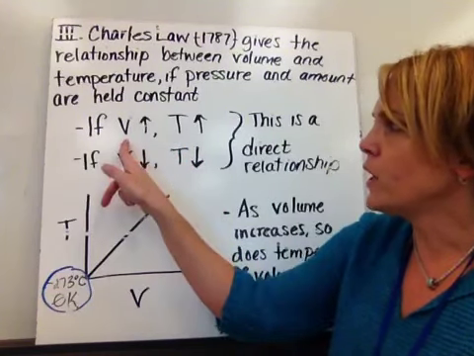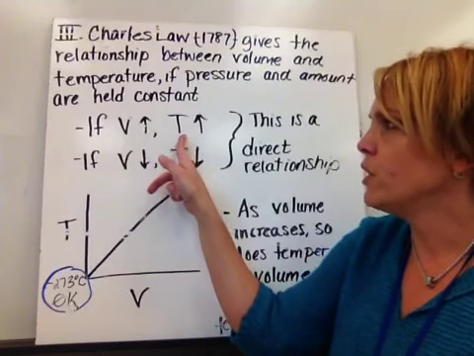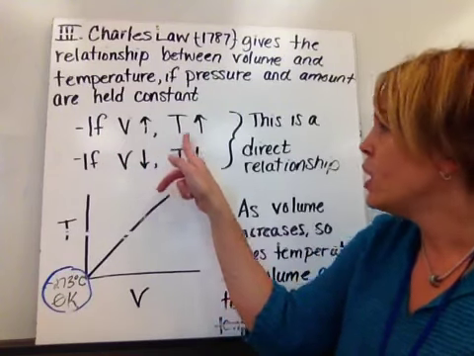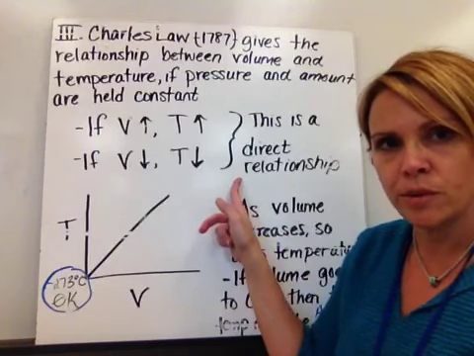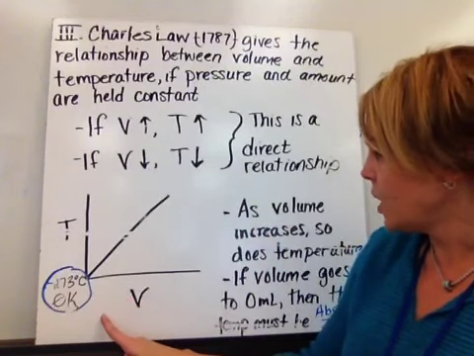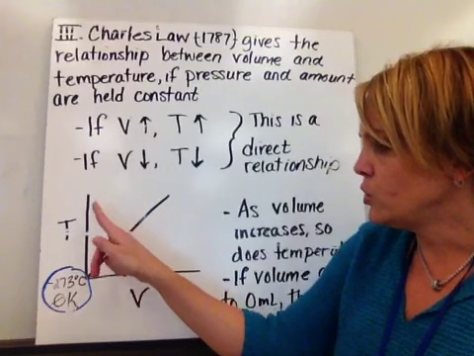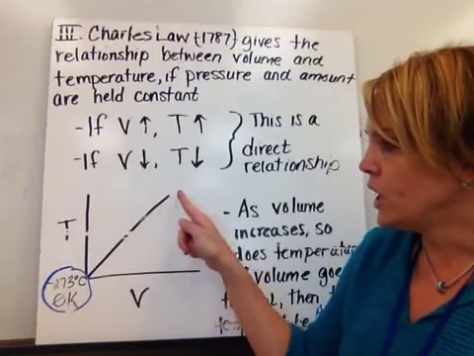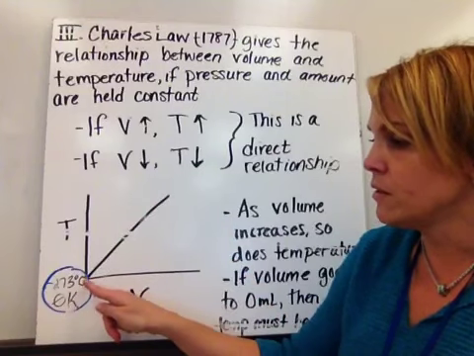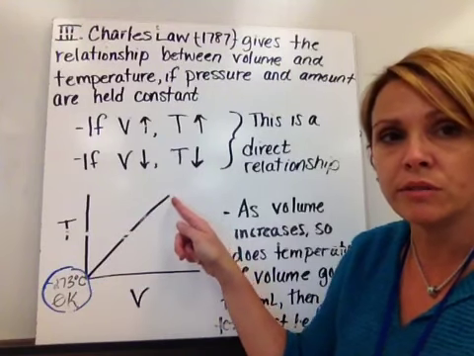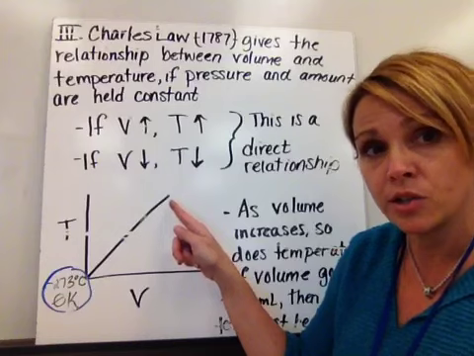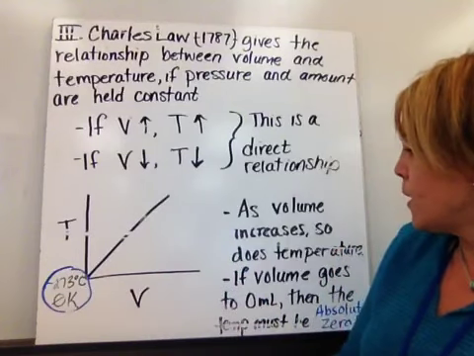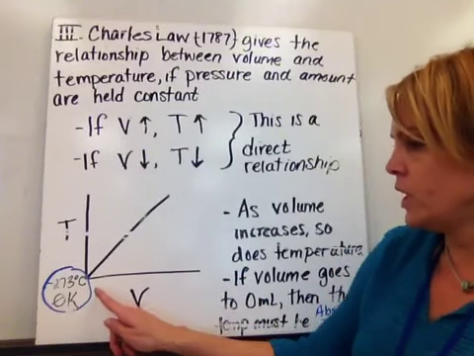So when you have one variable that goes up and then the other variable goes up because of that, we call this a direct relationship. And we can see that on a graph here, where you see that as the volume goes up, the temperature goes up, and you get a diagonal line straight from 0, which is called a linear relationship, and a direct relationship.